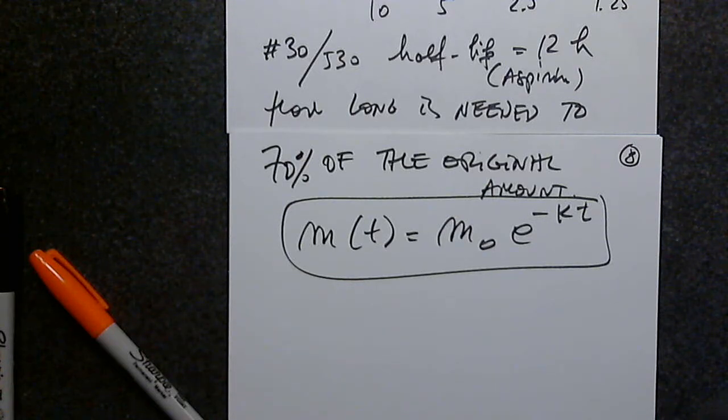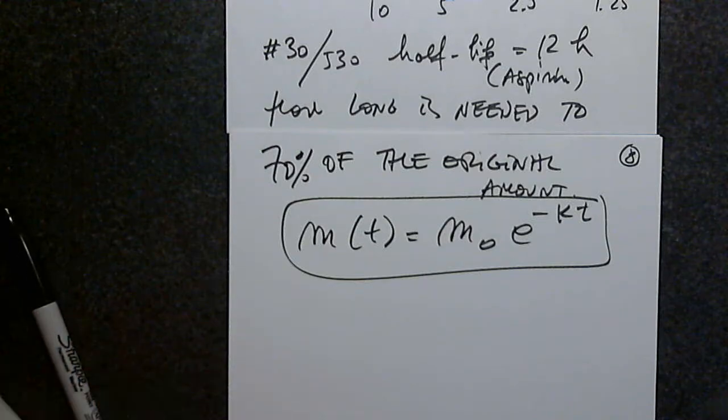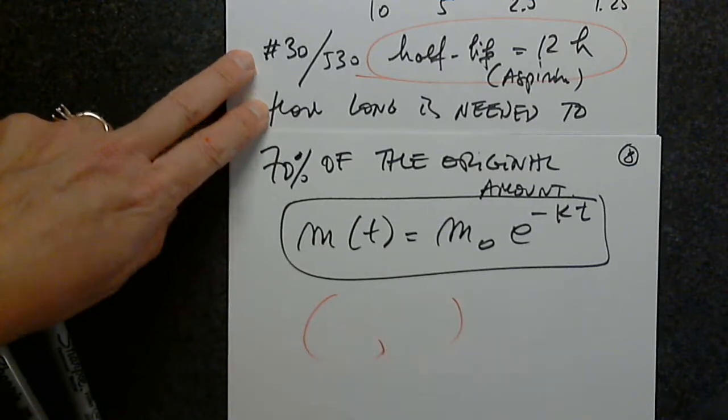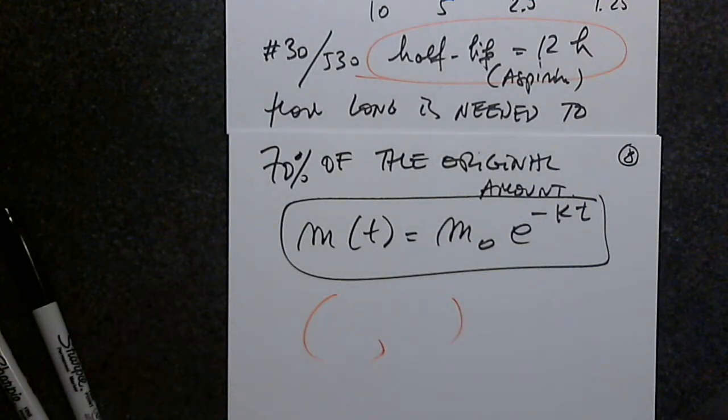So in order to determine this, I have to come up with a model. But I do have one piece of information. What does that mean? Which point is that? Let's think for a moment. I start with M0, and 12 hours later I have M0 over 2. So give me that point.